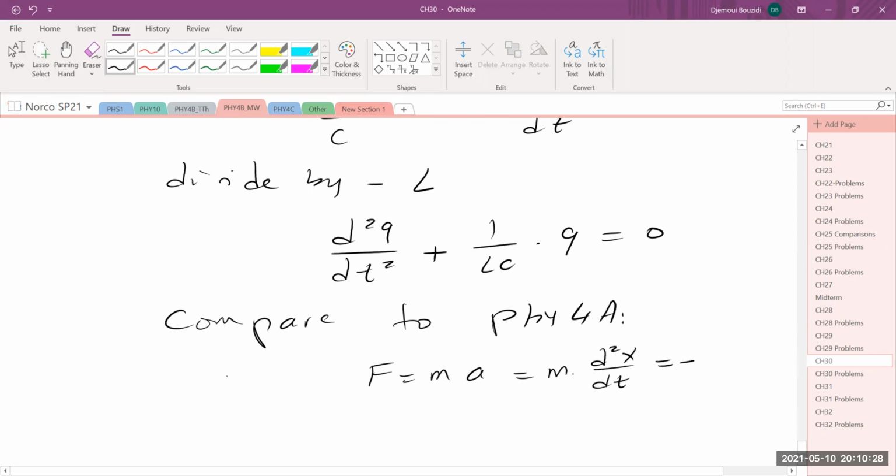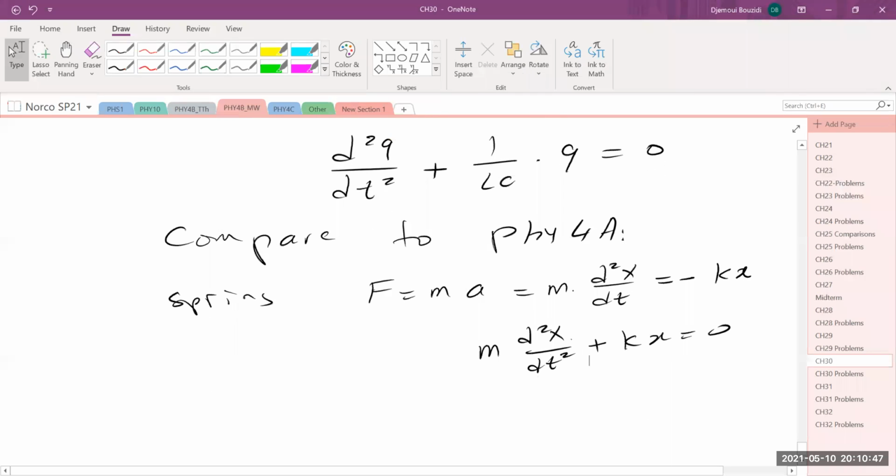If a for a spring is minus kx, where k is the spring constant, then this expression, if I move everything to one side, looks like the second derivative of x with respect to time plus k over m times x is equal to 0. So what do I have in here?